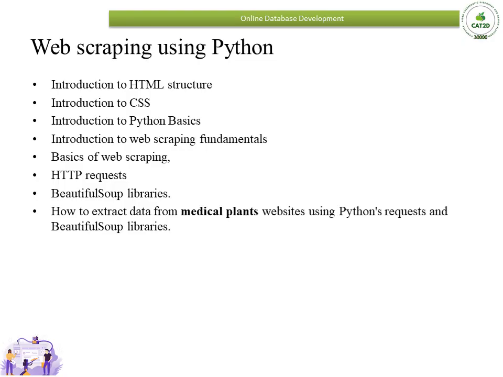But in order for you to understand the basics of web scraping, or how to go about web scraping, some basic fundamentals are very important. Number one is the HTML structure. For you to understand how to use web scraping, you must understand the basics of HTML structure, the basics of CSS, that's the Cascading Style Sheets, and the basics of Python.